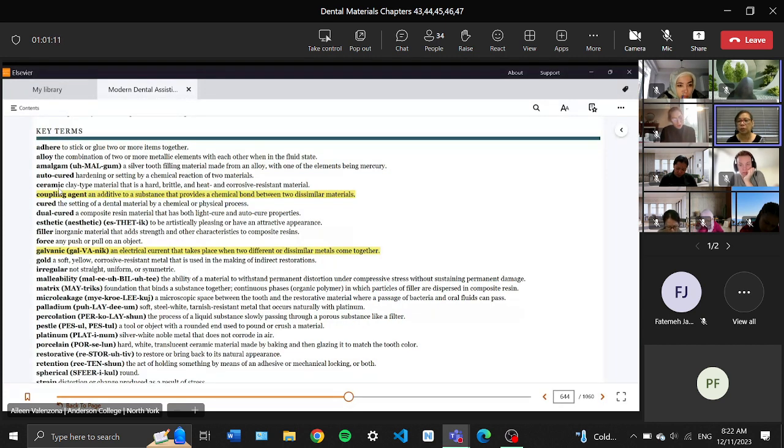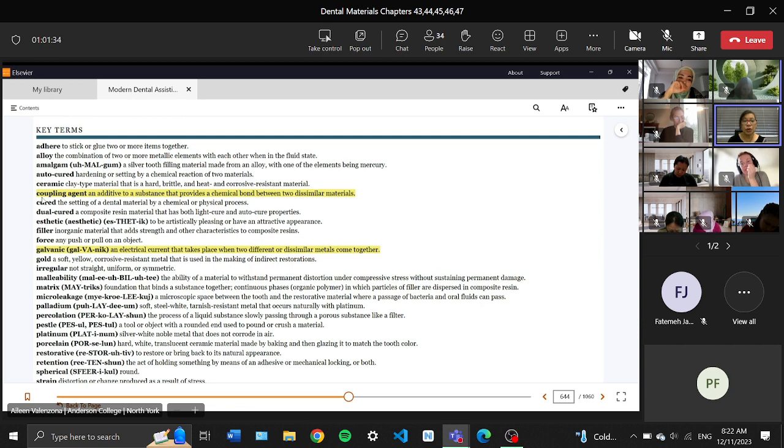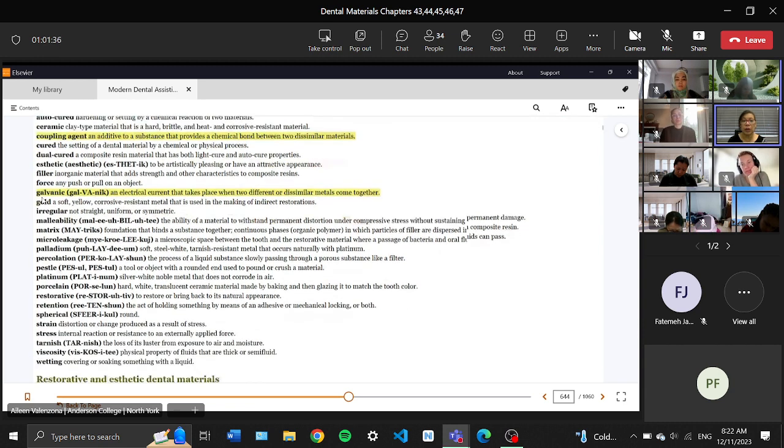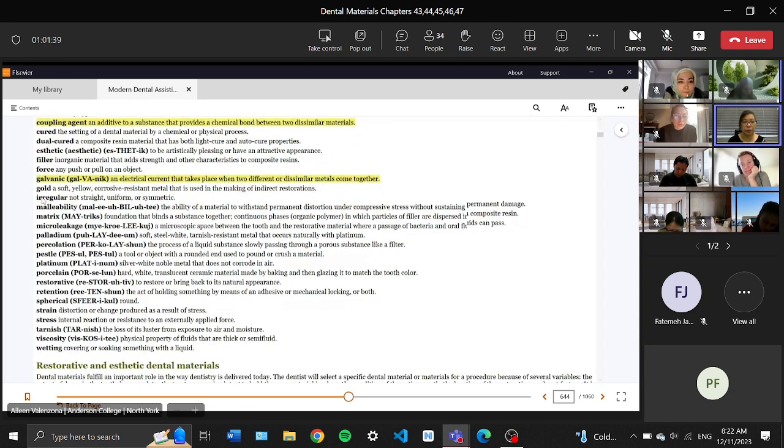Indirect restoration means the dentist needs to take an impression, send it to the lab, the laboratory will make it, and then send it back, and then you're going to cement it. That is indirect restoration. So the gold, it is an indirect restoration. Before, they always used the gold, but now it is more popular to use the silver.